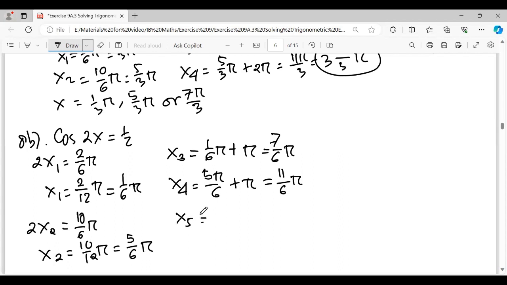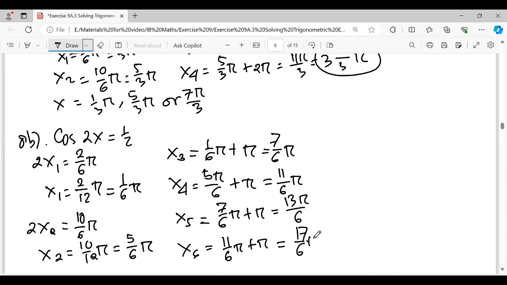X fifth is 7 over 6 plus pi, it's going to be 6 times 1 plus 7, 13 over 6 pi. Then 17 over 6 pi. 17 divided by 6, 6 times 2, oh, not yet 3.